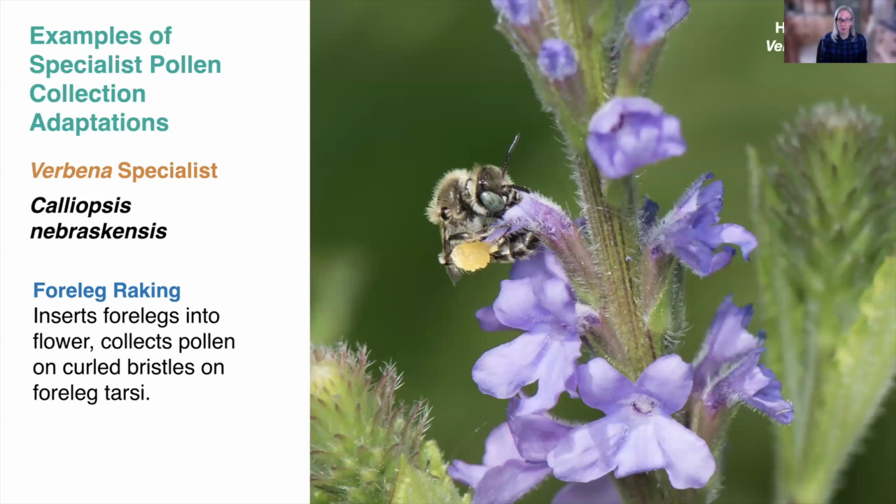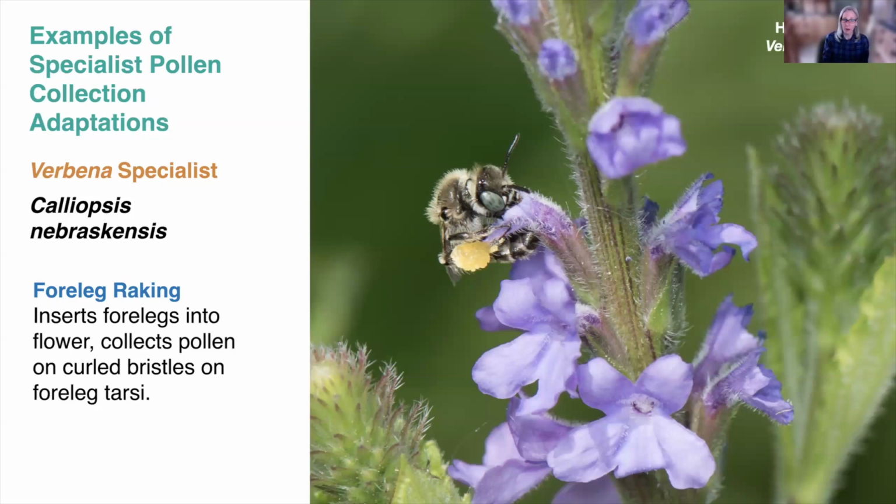Here's another kind of unusual adaptation. This is a fairly tiny mining bee in the genus Calliopsis, and the females specialize on verbena or vervain pollen. And this is a picture of a female visiting hoary vervain. And as you can see, vervain flowers have a fairly long flower corolla. So this tiny female, even though she specializes on this plant's pollen, probably doesn't have a tongue long enough even to feed on the host plant nectar, which is located at the bottom of that flower corolla.